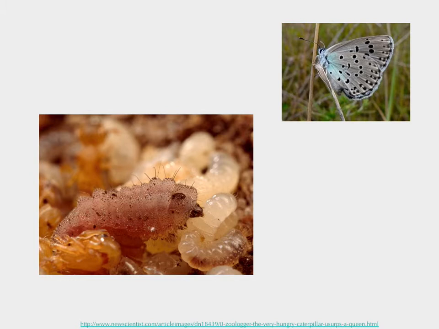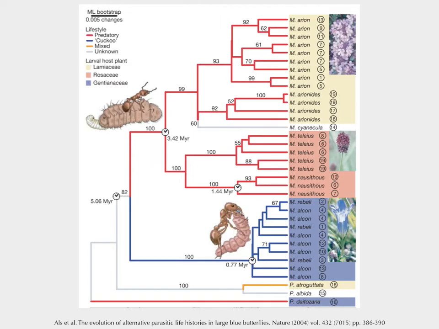What does it eat? Ants. It could be something where the ants bring it food, like leaf cutter ants bringing leaves to things, and that could have evolved, but in this case it didn't. Instead, the caterpillar learned that ants are made of meat, and meat's tasty.